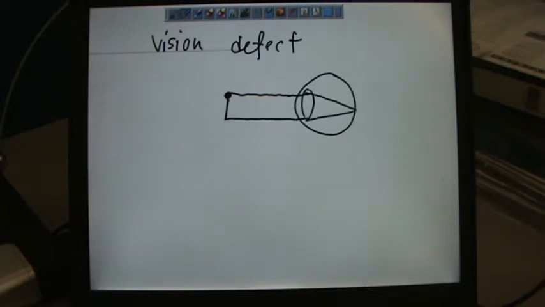But what if the object is quite far away? It might not focus on the retina. When it's not focused on the retina, you have a blurry image. Basically you can't see well, you can't focus. So what causes this and what can we do about it?